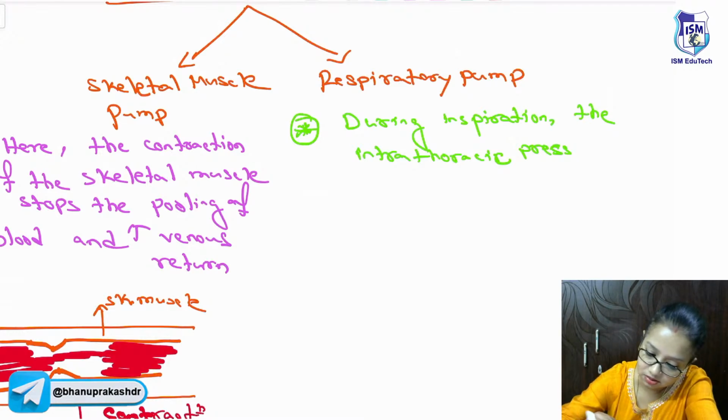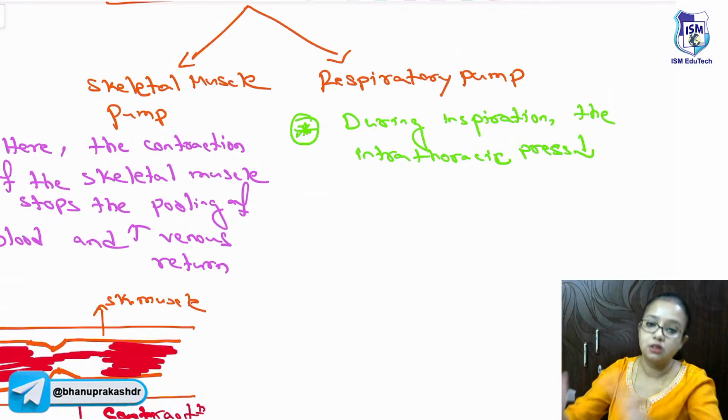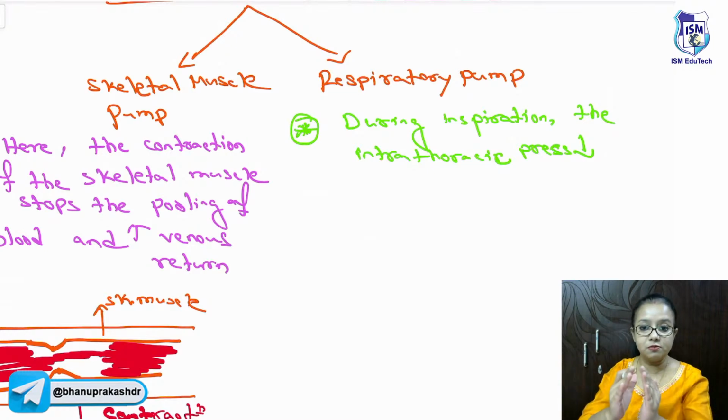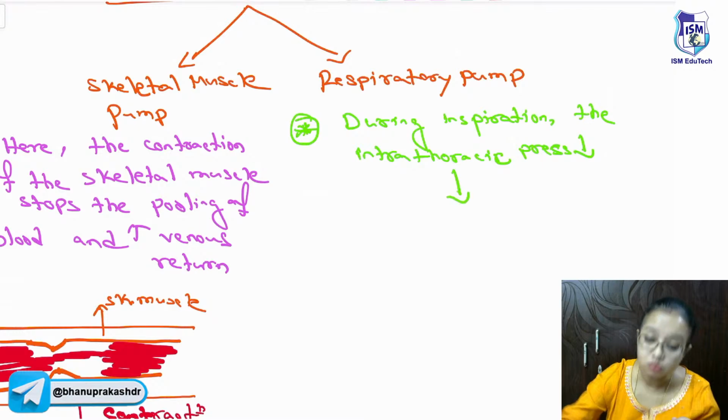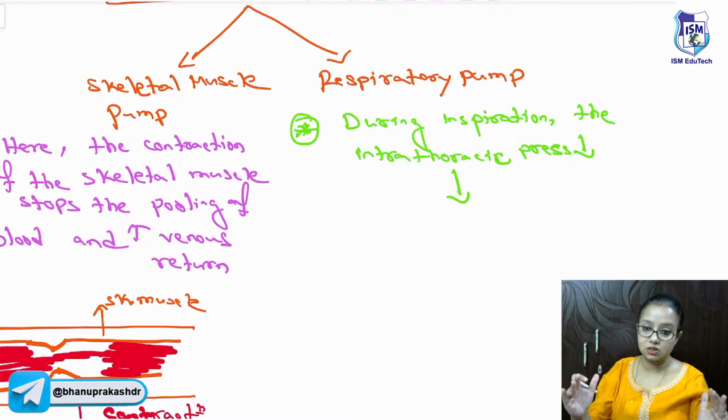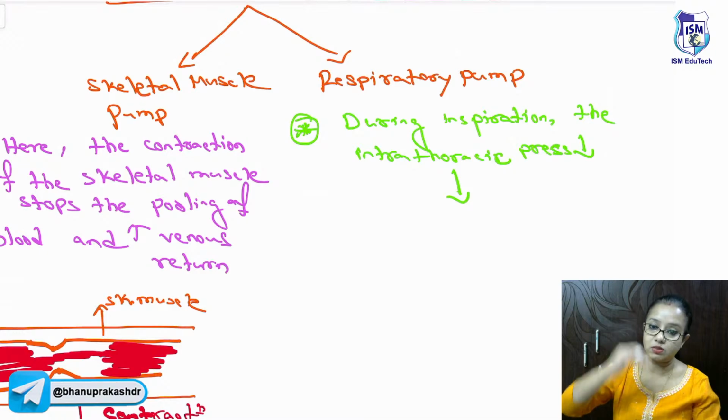The arrow is wrong. The intrathoracic pressure decreases because the chest wall is expanding. If volume is increasing, the pressure will go down. The thorax is expanding sidewise also, lengthwise also.